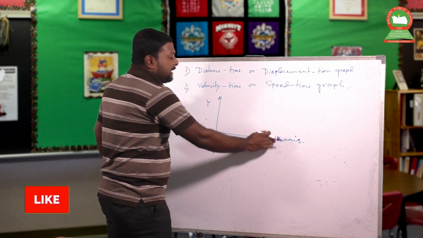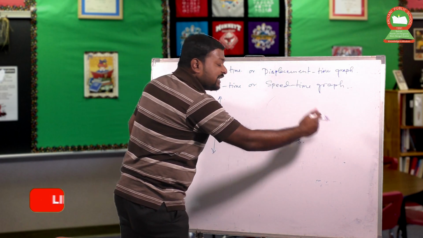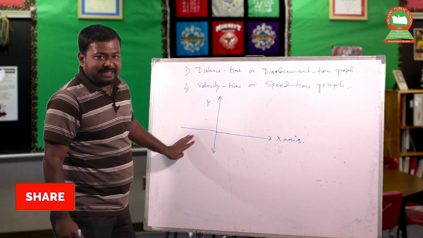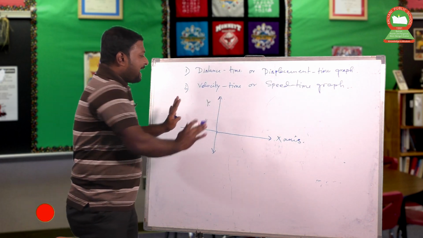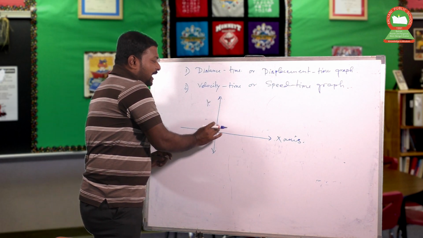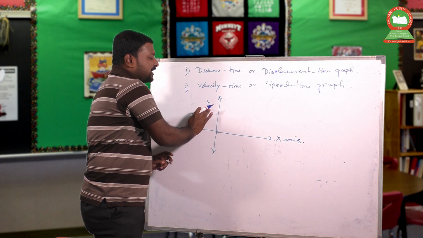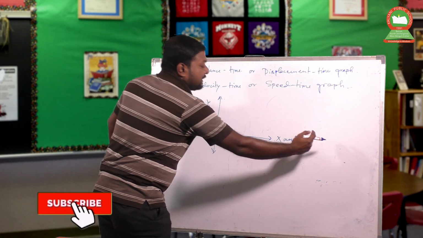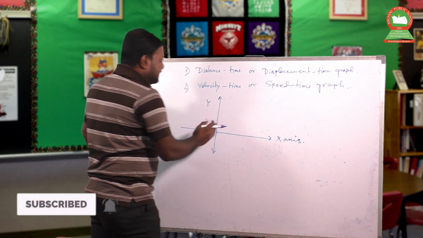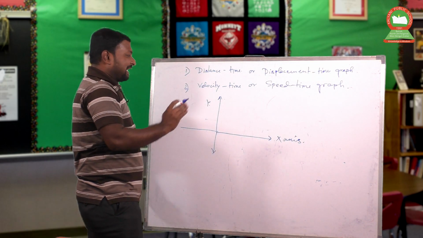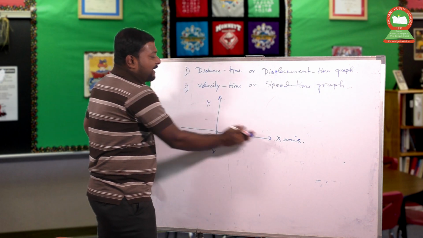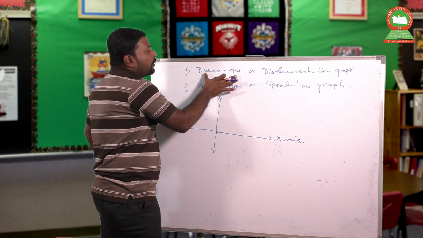Similarly, one side is the positive x-axis and the other is the negative x-axis. So there are four axes in this system. Now there are two variables.